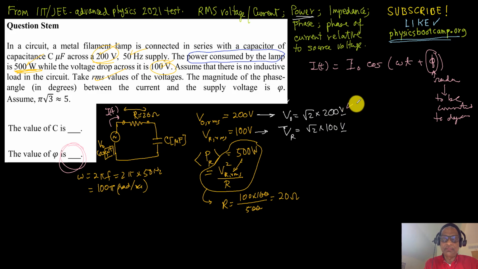Maybe one of these we'll definitely need. So we need to find C and phi. Let's see, how would I get phi? Well, first let's find C. How do I find C?